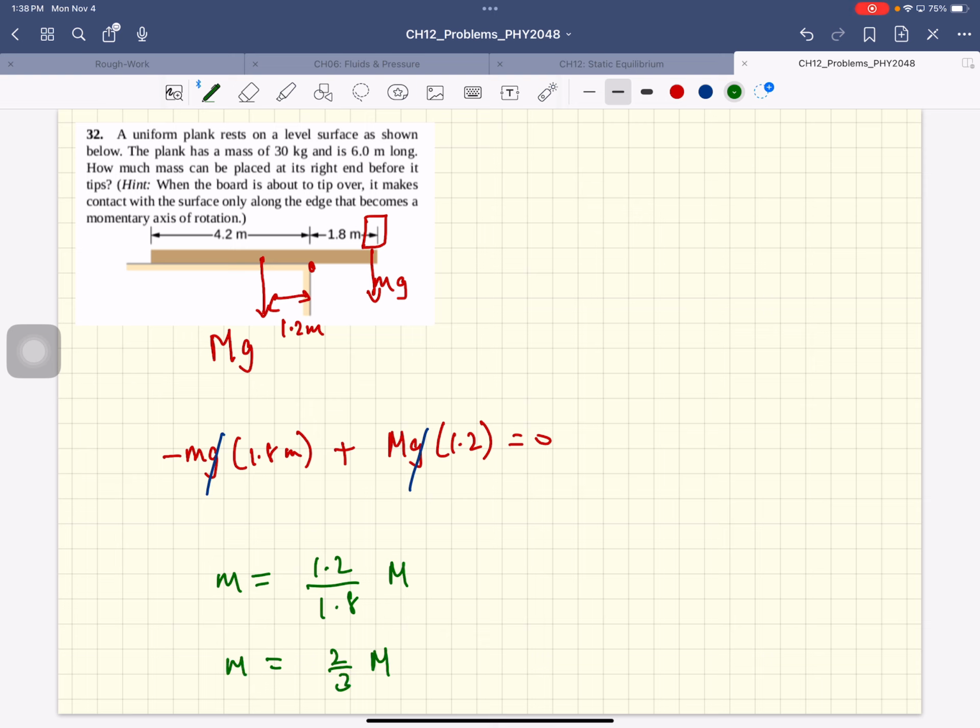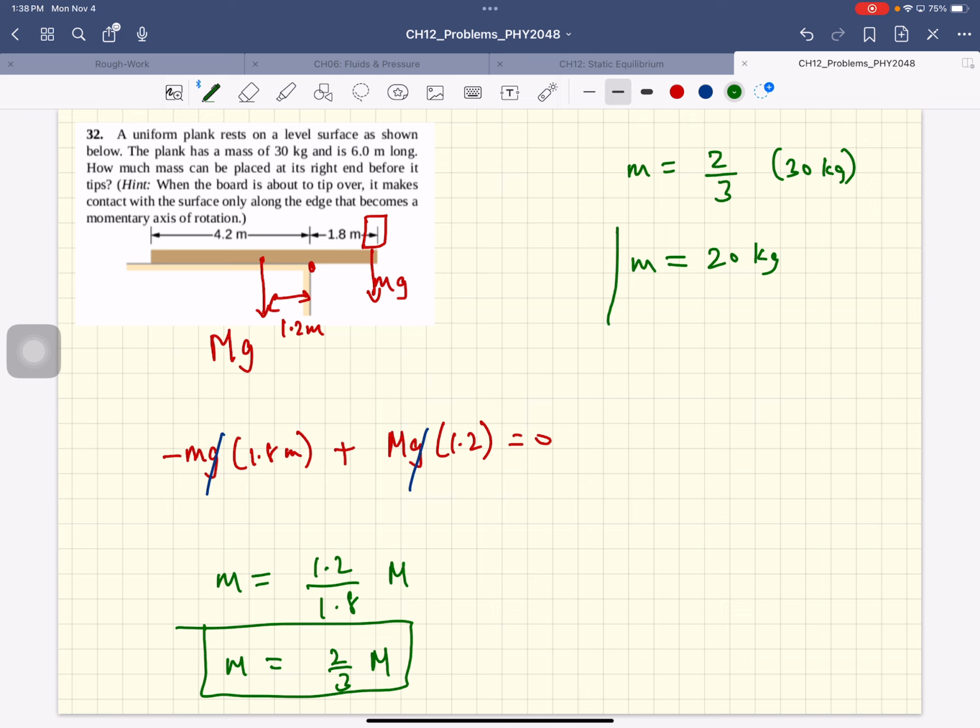Okay, so the mass is 2/3 the mass of the plank. So 20 kg mass will tip the plank over.